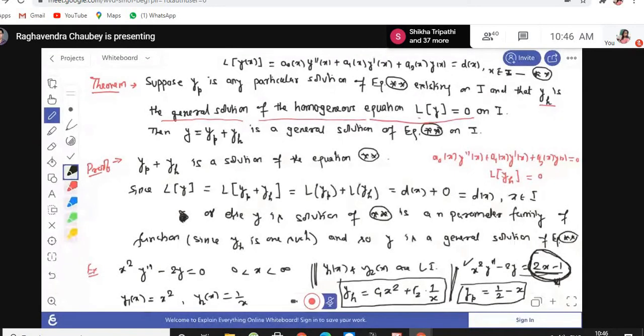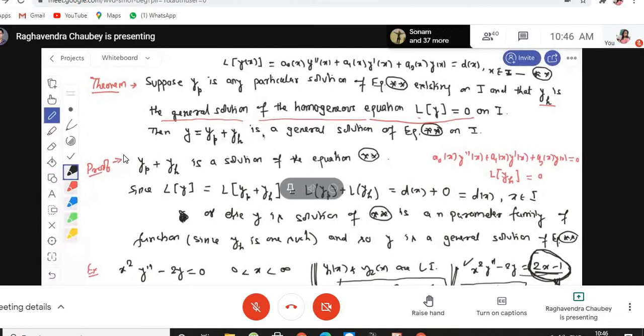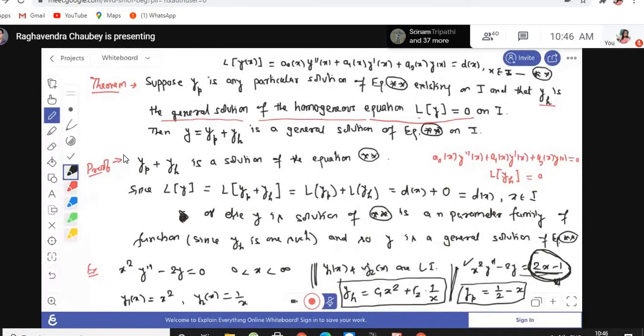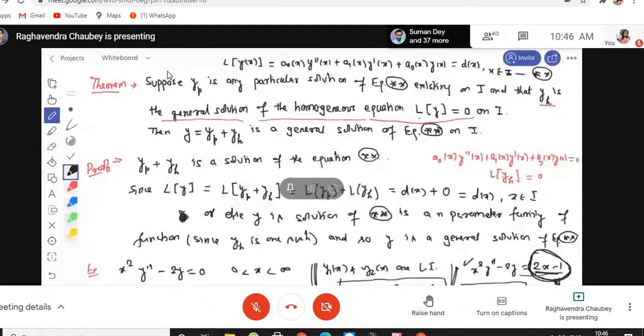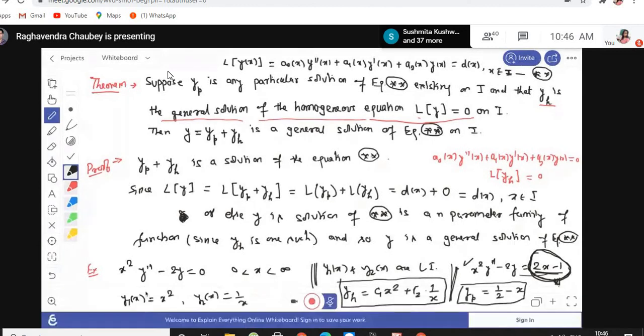Some universities and colleges cover that part of variation of parameters, and that method is very effective to find the particular integral of a non-homogeneous differential equation. So in the next page, in this example, we see only the homogeneous part, what the solution of the homogeneous part is, and if this is non-homogeneous, how to find its particular integral.